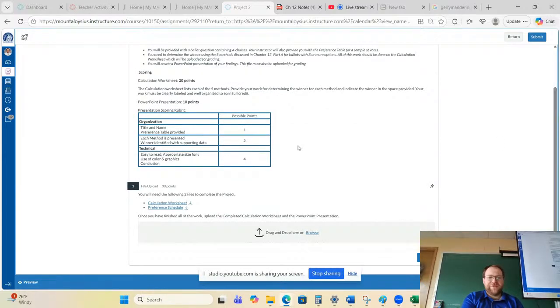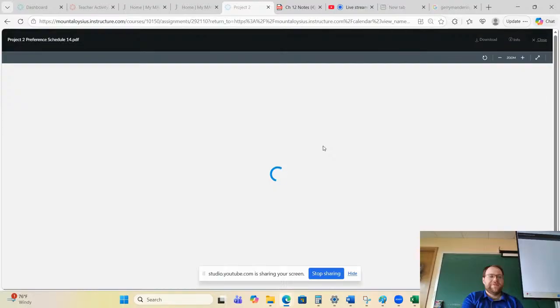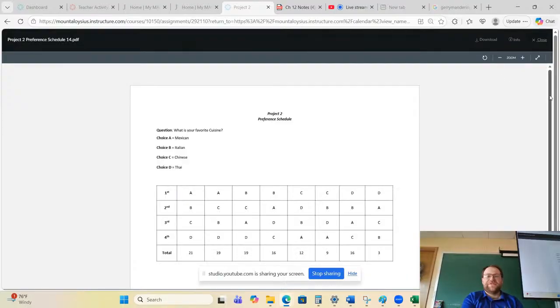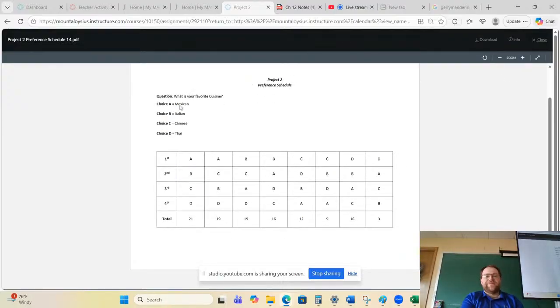Essentially, you'll be creating a presentation going through different ways of voting. The one that I got here is: what's your favorite cuisine? There are 4 different choices, and the way that people voted is given to you in the preference schedule. Essentially, you'll have to go through the 5 methods to determine which one would be the winner.